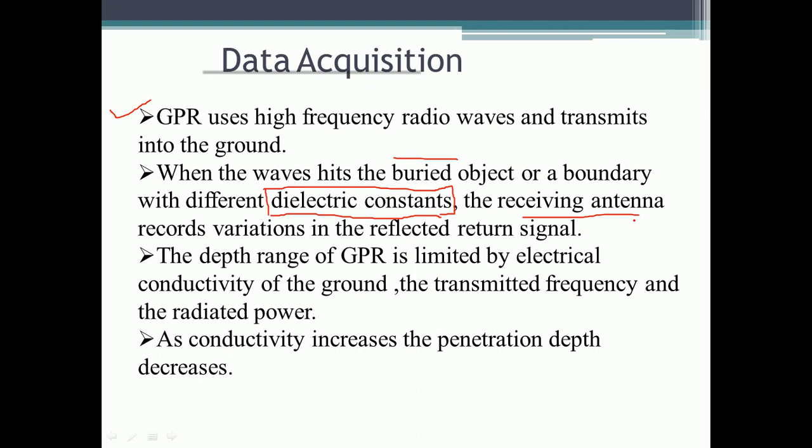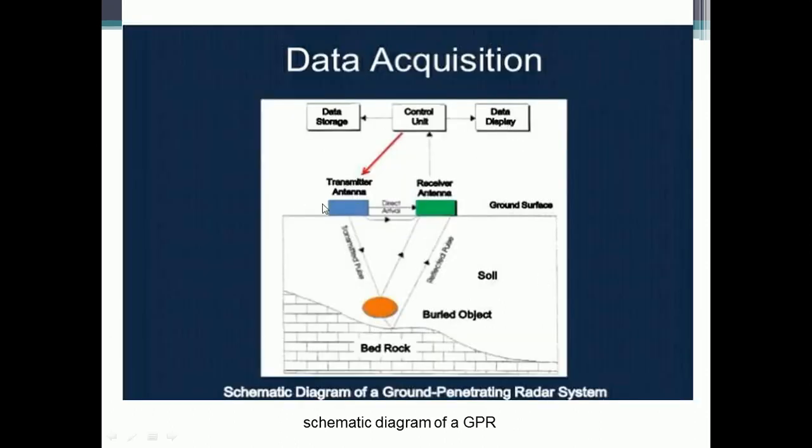Again, the depth of penetration mainly depends on the electrical conductivity, transmitted frequency and radiated power. If the conductivity increases, then the penetration depth decreases. You can observe the simple technique in this schematic representation. There is a transmitter antenna and a receiver antenna; the waves are transmitted and reflected back.